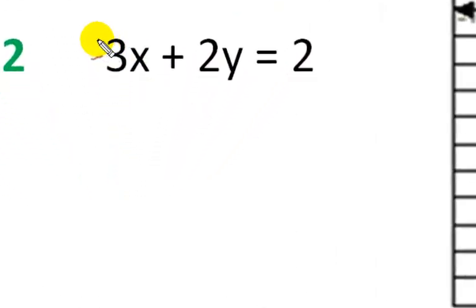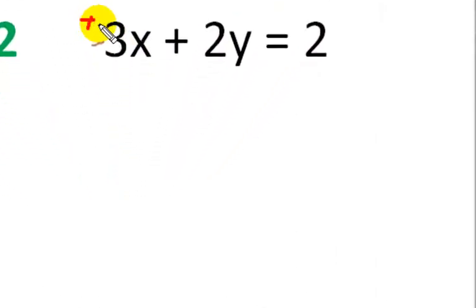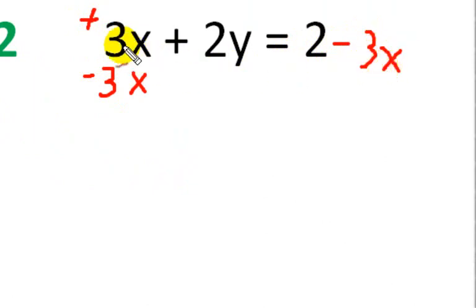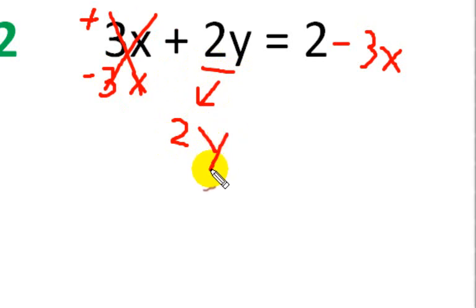So to move this positive 3x to the other side, I need to subtract 3x from both sides. So I'm going to subtract 3x on both sides. This is going to cancel out from over here, and I'm going to be left with this 2y equals, here, since I want y equals mx plus b, I'm going to go ahead and put my mx in front.